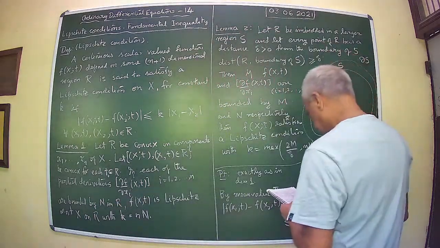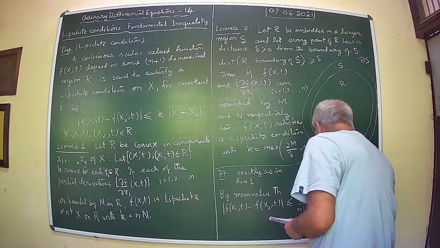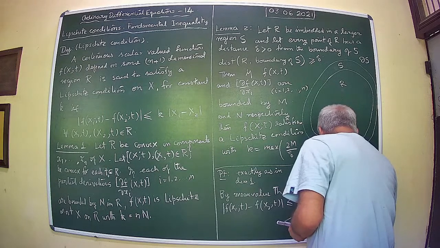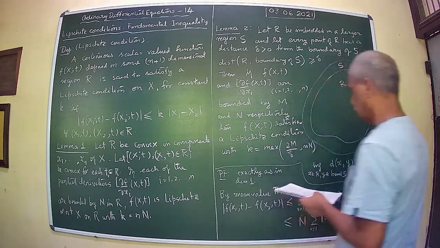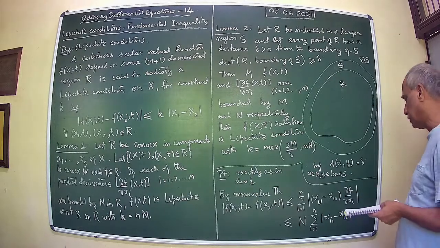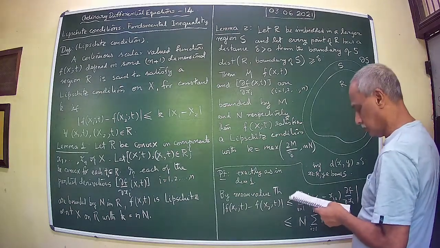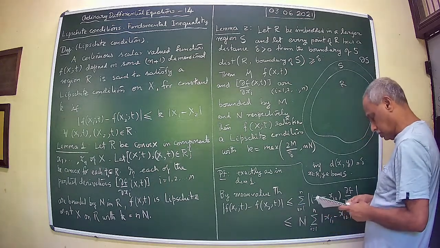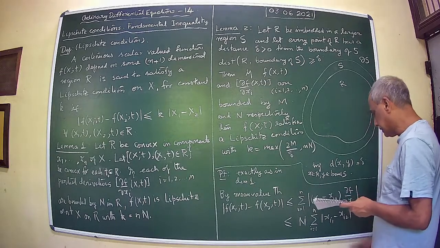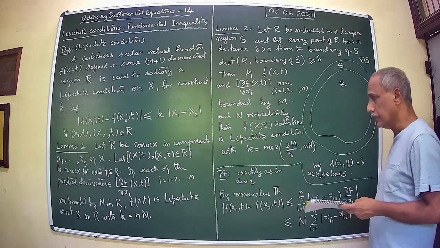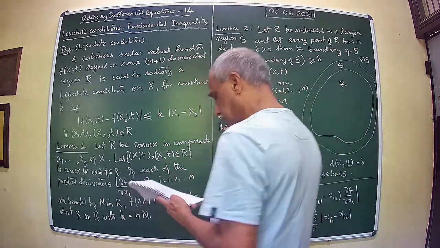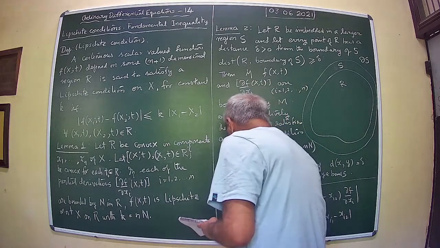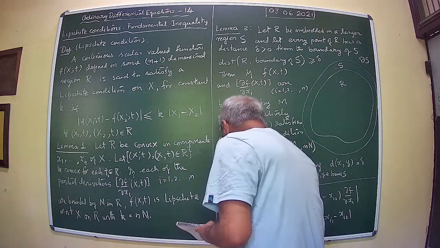Therefore, you get n into the sum from i equal to 1 to n of x minus x. Now you can show that this is less than or equal to... you see that each one of these components is bounded by... use this one.